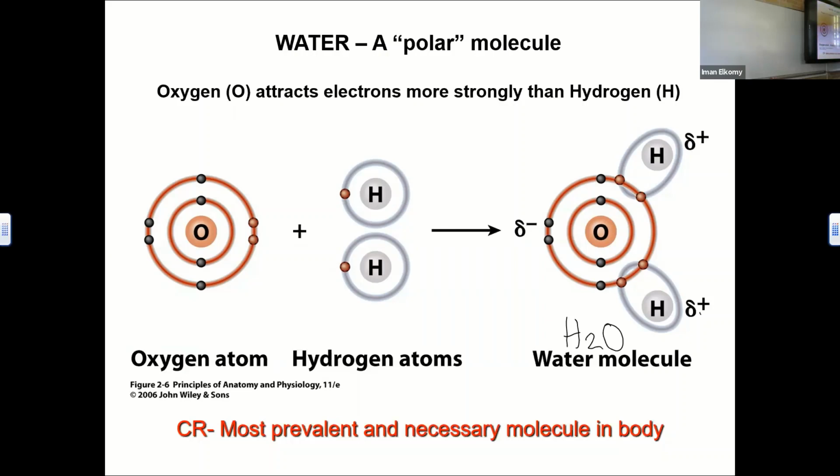And again, notice there's my polarity. So I have an end here that's mainly positive, and I have an end here that's mainly negative. That's what makes water, or H2O, a polar molecule. Does that make sense? Yes, kind of.